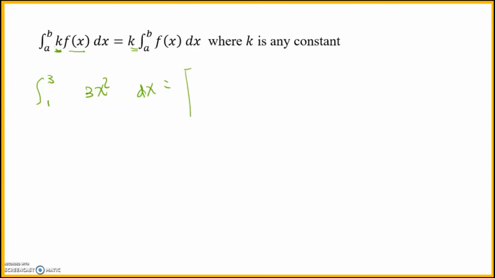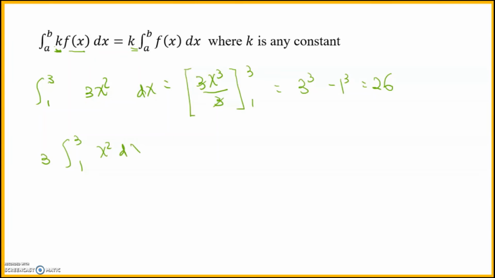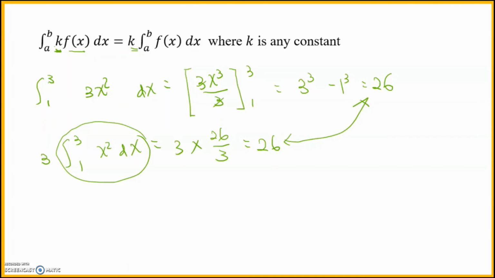This will return 3x cubed over 3 from 1 to 3, so it is equal to 3 cubed minus 1 cubed, which is equal to 26. This is equivalent to our computation previously, where the integral of x squared is 26 over 3, and hence we get the same result.